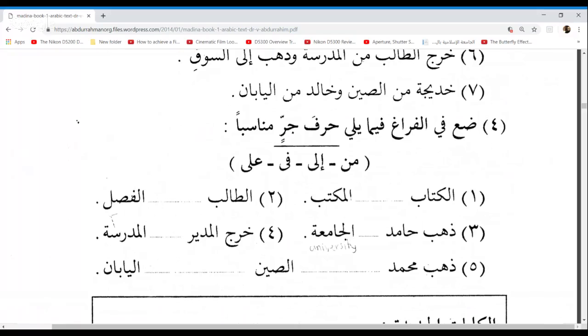Khadijatu... min... Khadija, isn't it? Khadijatu minas-sini. Don't pronounce the lam, akhi, because the sad is a sun letter.